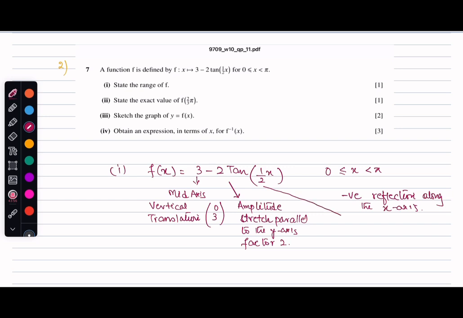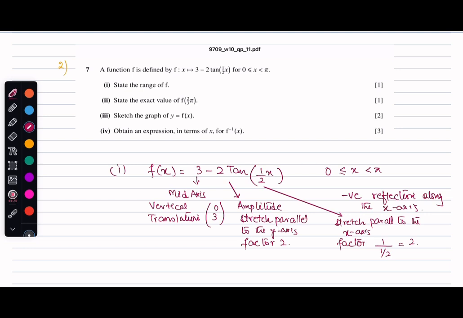So x with a 1 by 2, that means there is a stretch parallel to the x-axis also. And the factor for this stretch has to be 1 divided by 1 by 2, which then shall be equal to 2. So these are the things that we should be knowing about this given function for tan of x.